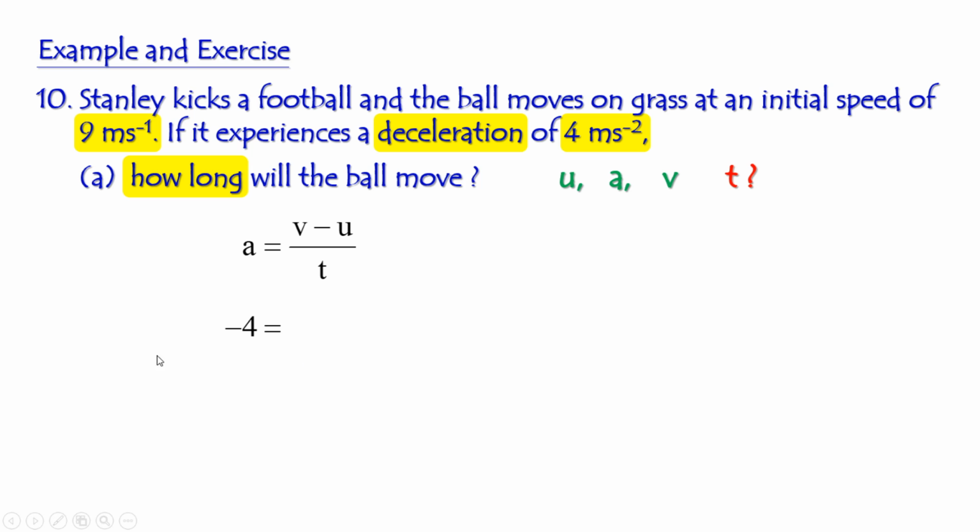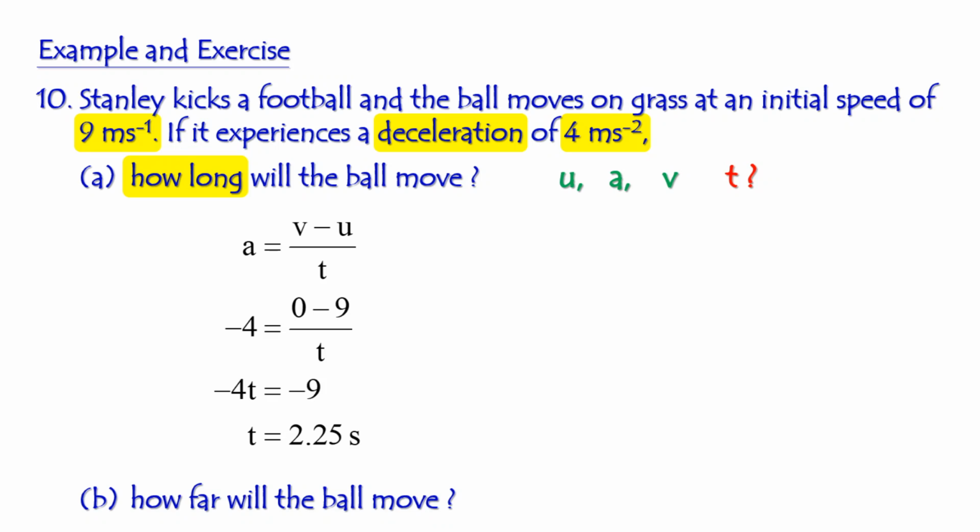So minus 4 times t, the final speed of the ball is 0 because it finally comes to rest, and the initial speed is 9, and the time taken is what we have to find out. So you move it to the left hand side: minus 4t equals 0 minus 9, which is minus 9. Then the time is 2.25 seconds, right?